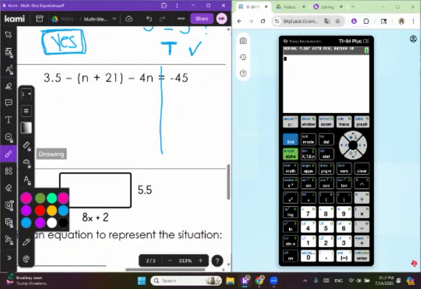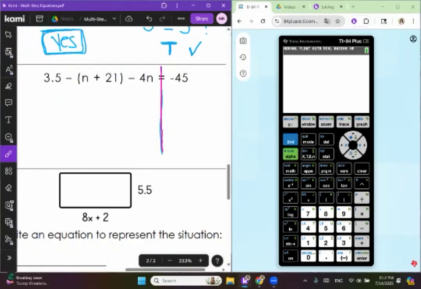Let me change color since it's so close to each other. What is the first step? Distribute. Magic, negative 1 in there. Negative 1 times 1, negative 1n. Negative 1 times 21, negative 21.